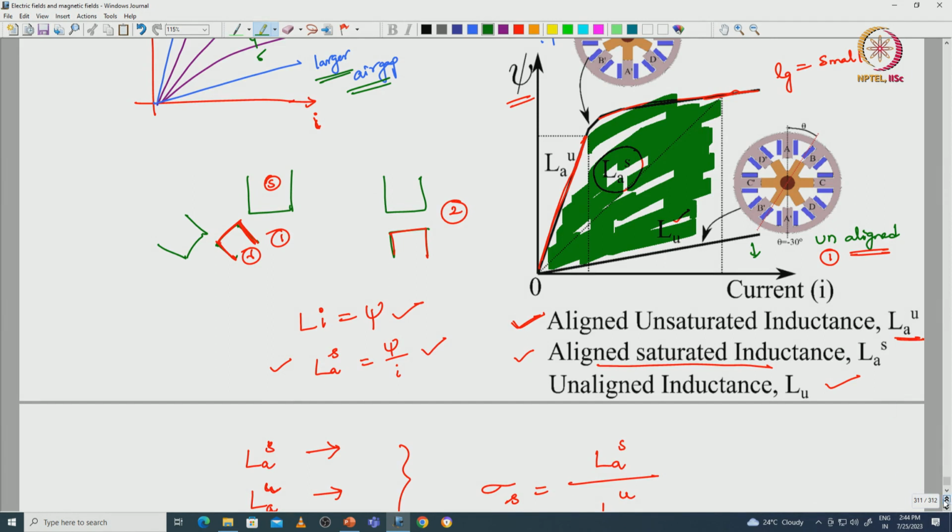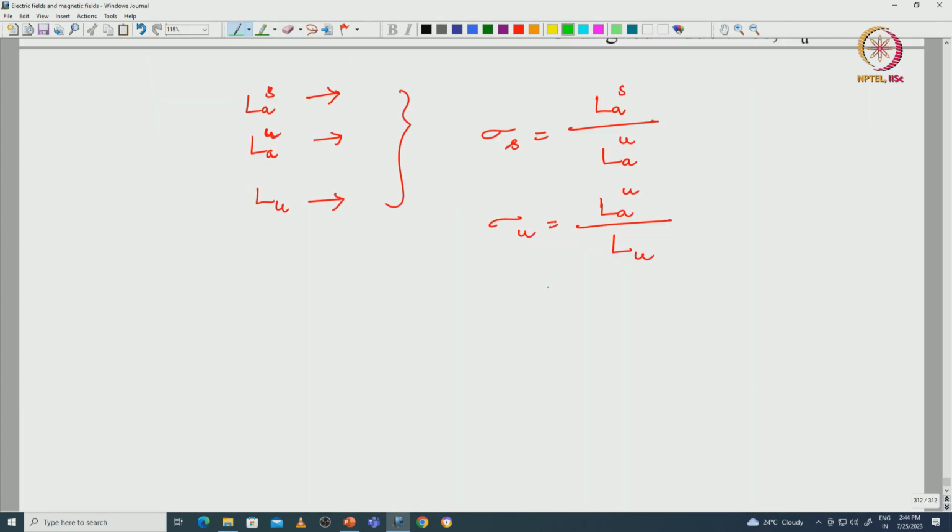In the switched reluctance machine we are exciting only one particular phase at each and every instant. If we draw the inductance versus theta waveform, or angular position of the rotor, then the inductance at the unaligned position will be minimum, where the rotor pole is exactly unaligned with the stator pole.